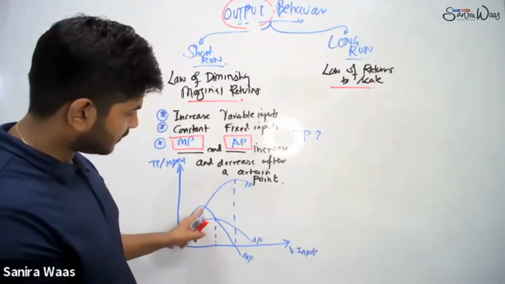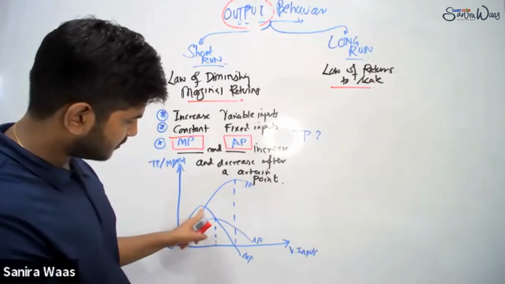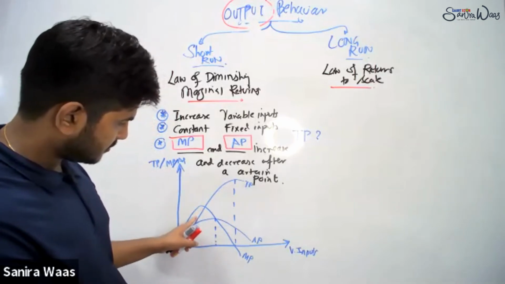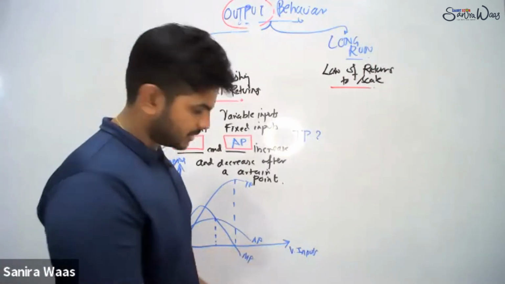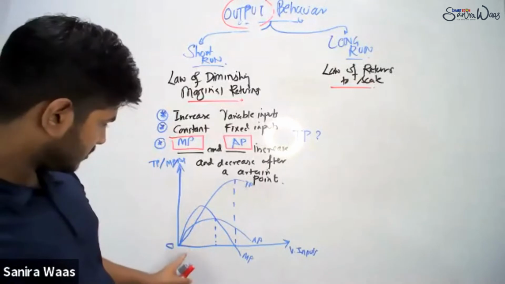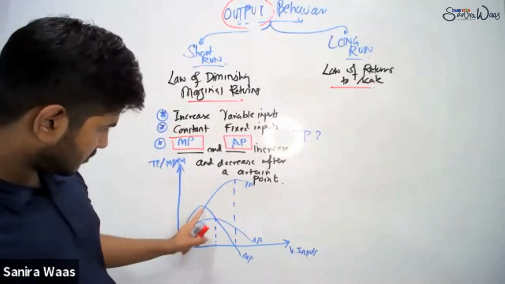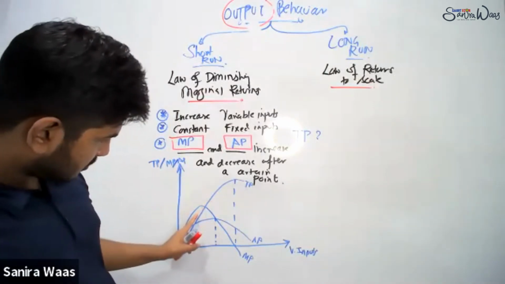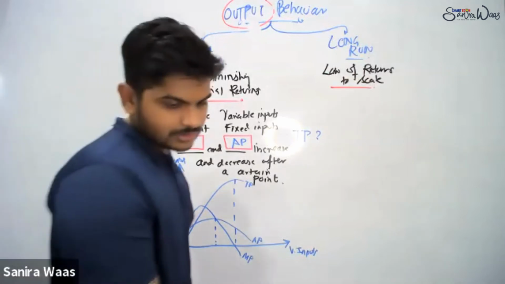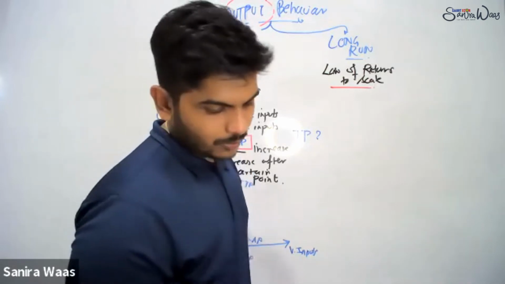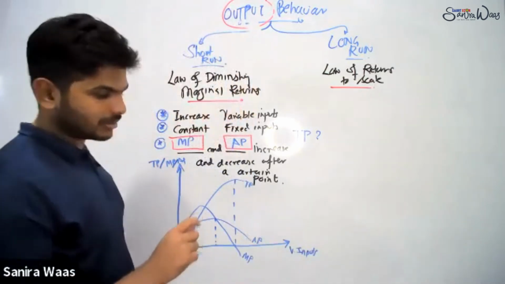Maximum point of MP intersects TP. Okay. Right. Okay. She has a very valid question. Now the argument comes.